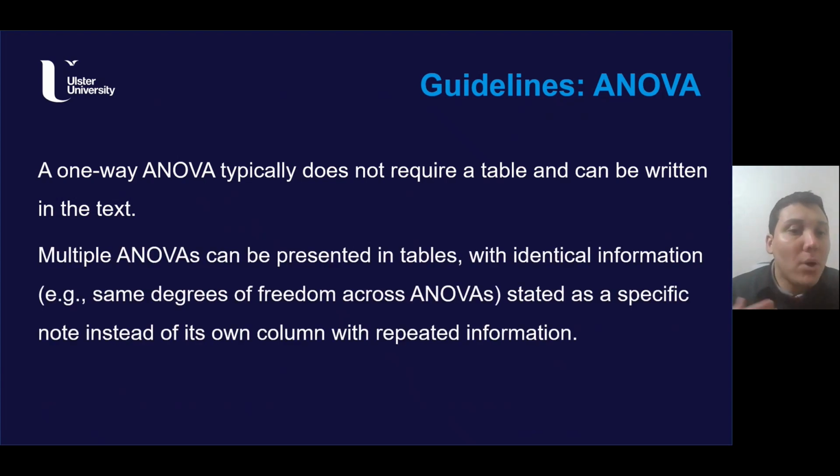But if you're running multiple ANOVAs, then you might as well. I mean, that's where tables come from, isn't it? It's repeated systematic information that follows the same repeated system. So if you have many analyses, obviously it's easier to show them in a table.